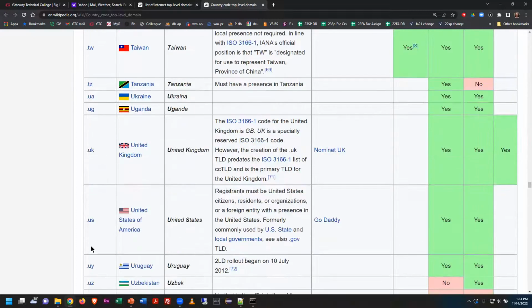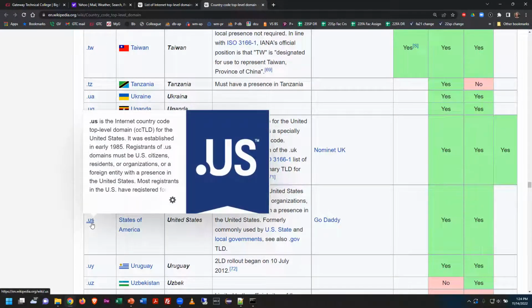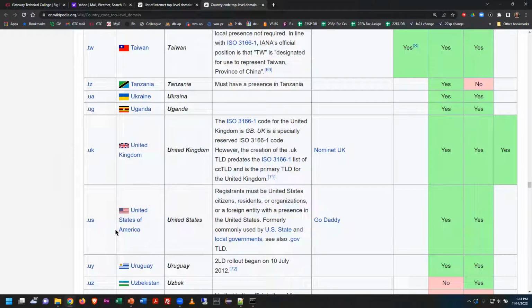We do have a .us, one top-level domain that you can purchase. So you could get Joe's Burgers .us or .uk. And this is kind of interesting because when you go to websites that have some of these weird extensions, it gives you an idea of what country they're in, so what country you're connecting to.